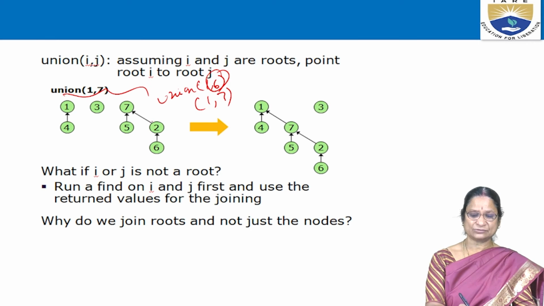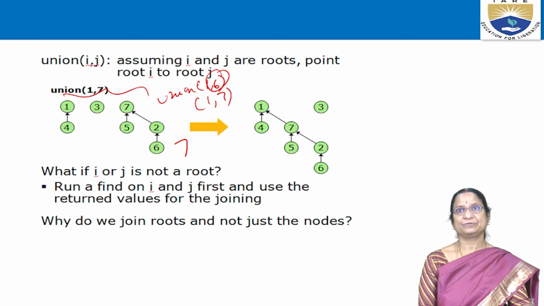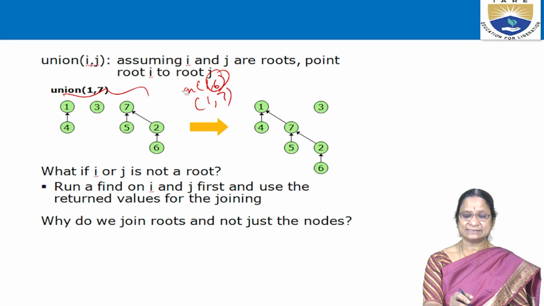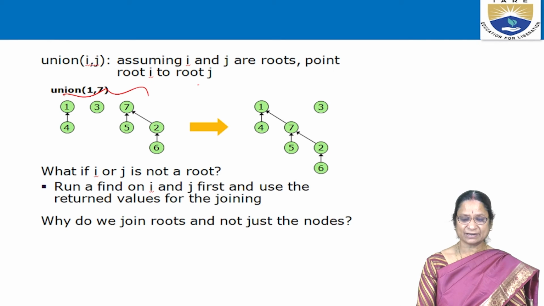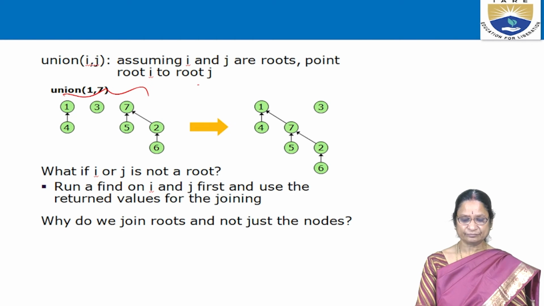Find 6 means from 6 it will go in the upward direction. It returns 7, so 7 is the root. So union of 1, 6 becomes union of 1, 7, because 6 is an element which exists in tree 7. So that can be formed. That's why we run find on I or j first and use the return values for performing the union.